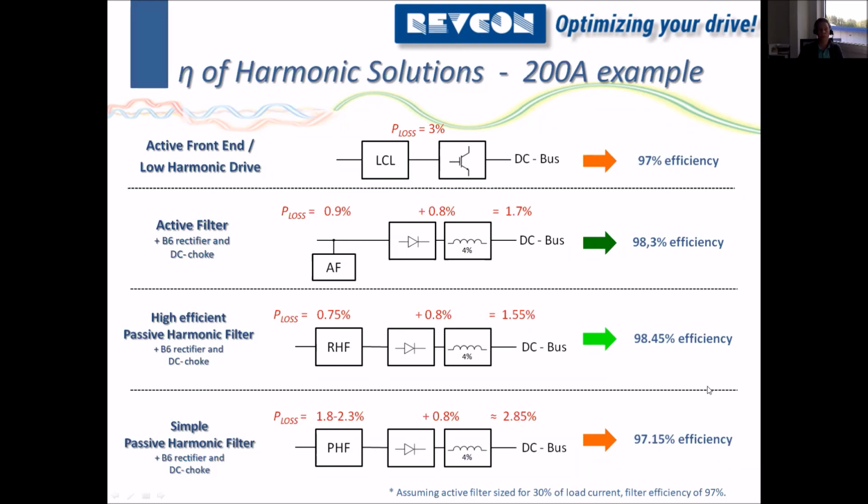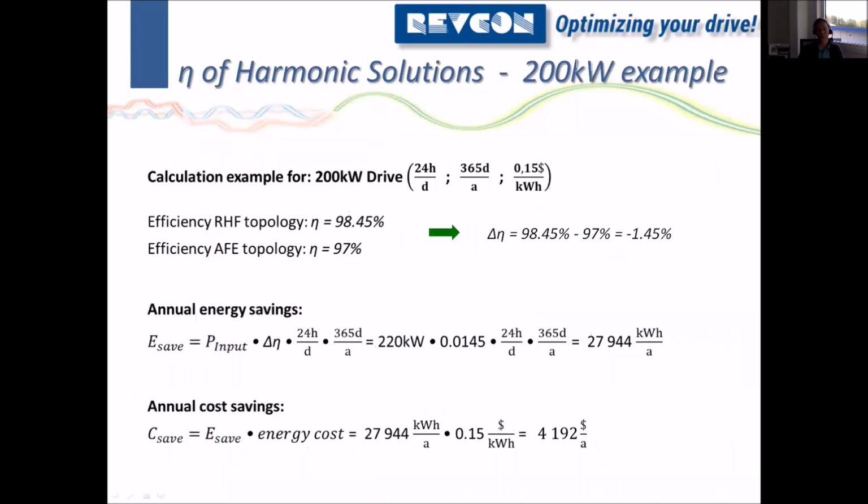If you look at these diagrams, you could say they all have quite high efficiency, which is basically true. But this small difference in efficiency can be quite a lot of energy. If we compare the RHF topology with the active front-end technology, we have an efficiency delta of 1.45%.